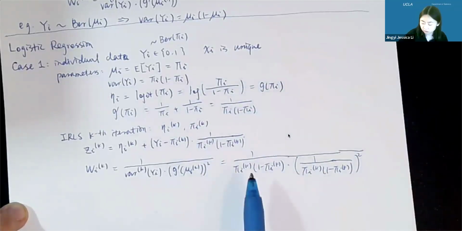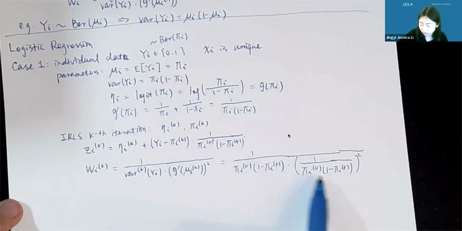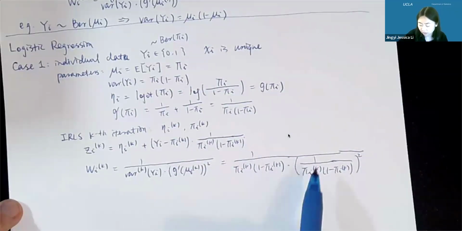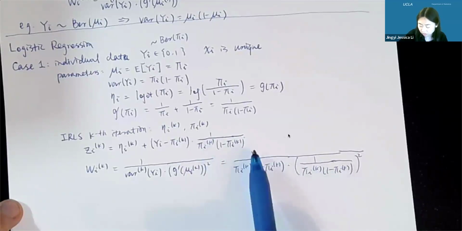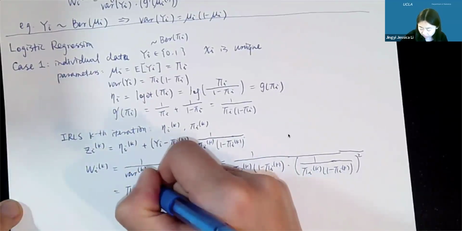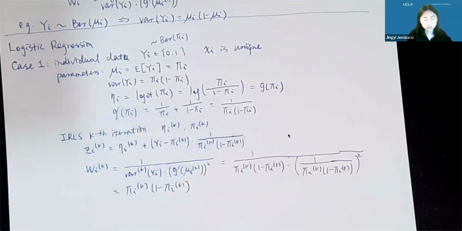And we can cancel out one copy of pi ik times 1 minus pi ik. So I get 1 over pi ik times 1 minus pi ik. Then I can cancel out the two inverses. So I get pi ik times 1 minus pi ik. That's it. So this is the weight.